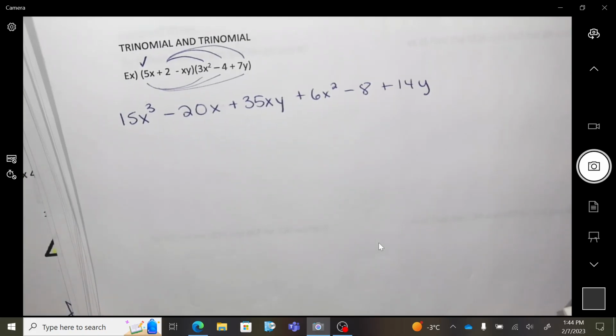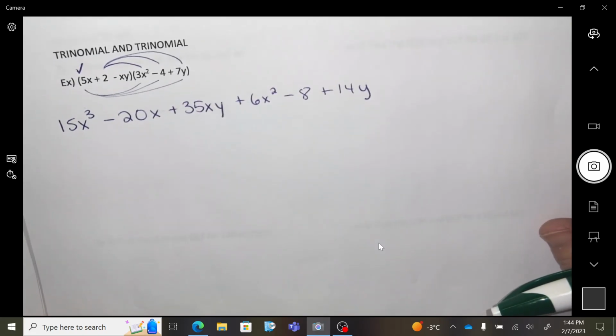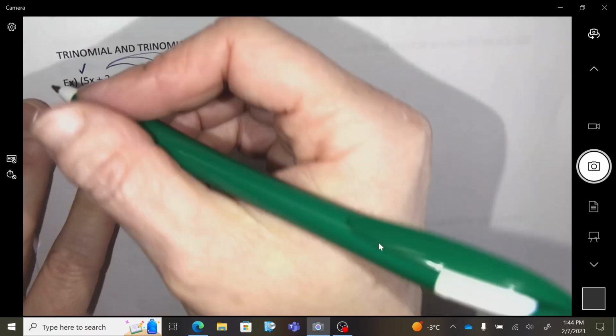How did the second set go? Okay, I feel like the last set's going to be the hardest because I see X, Y here. Okay, I'm putting a check mark.